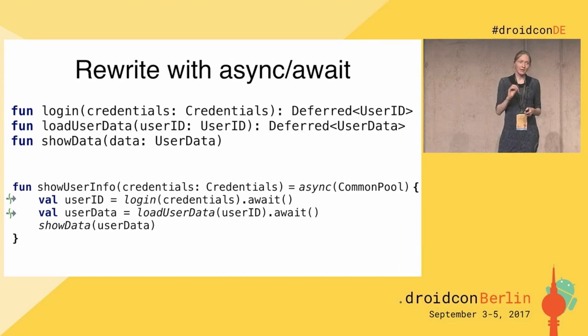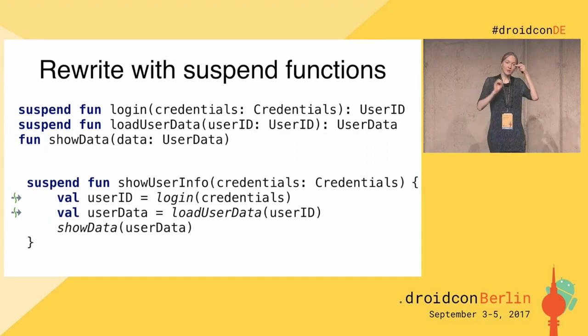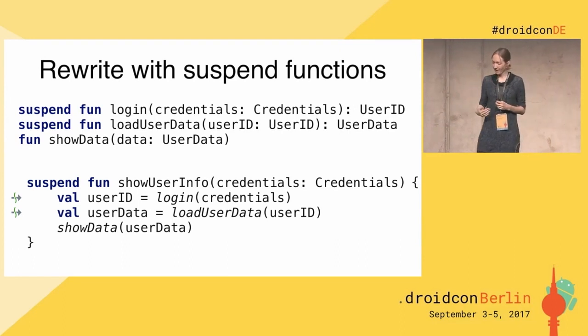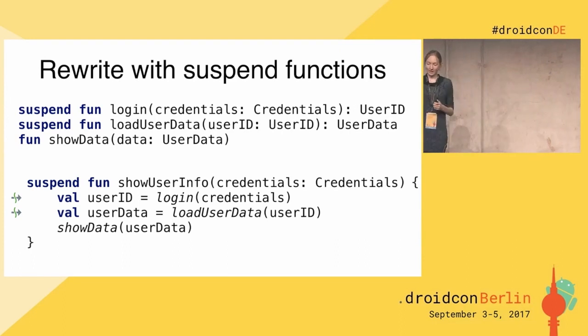Because in Kotlin, you can define your own suspend functions. And that means that you can declare all these functions as suspend functions. So instead of returning deferred, you now return the expression directly. And you can declare this show user info also as a suspend function.